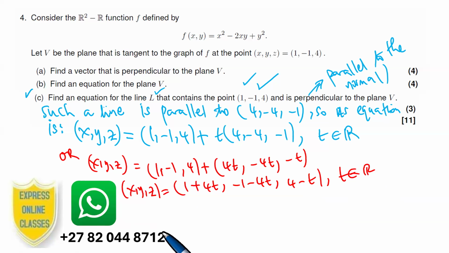The parametric equations are as follows.